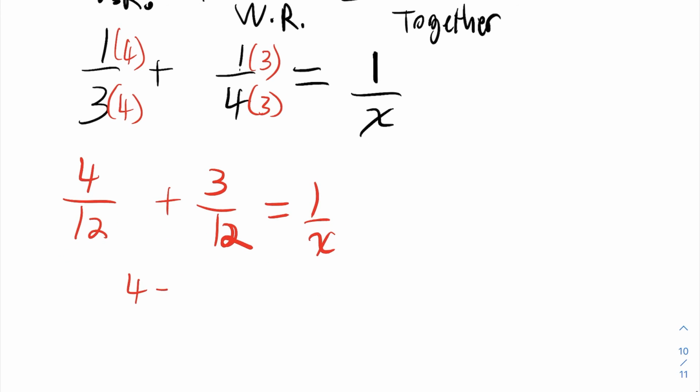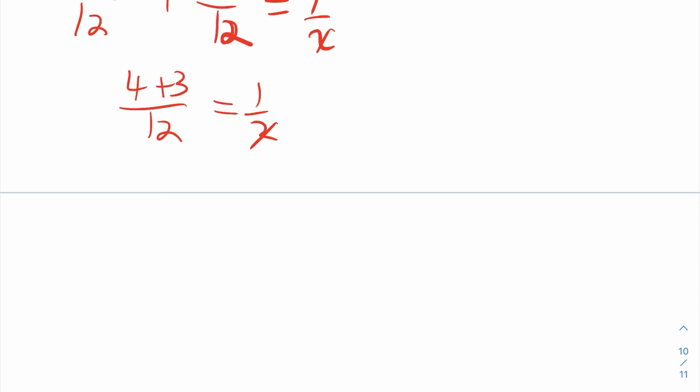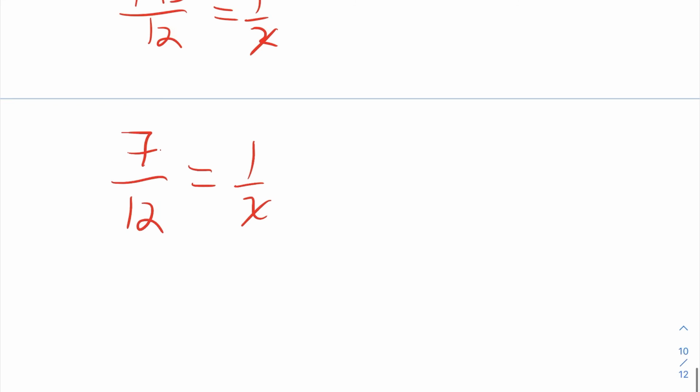And 4/12 plus 3/12 is 7/12. So 7/12 is equal to 1/x. And since this is now a proportion, I can cross multiply to get 7x is equal to 12.